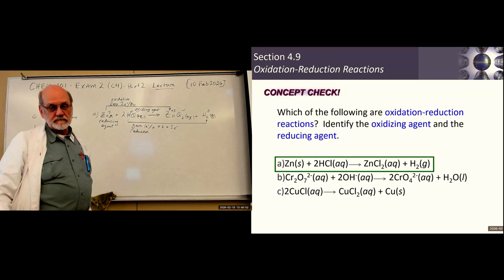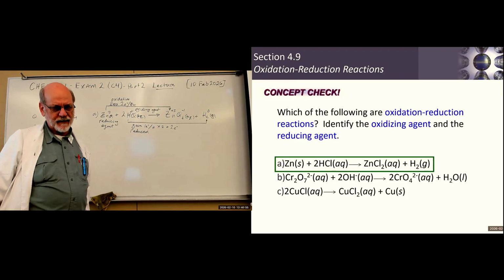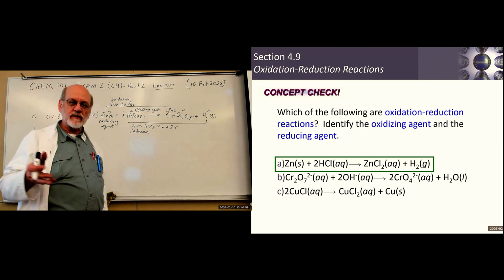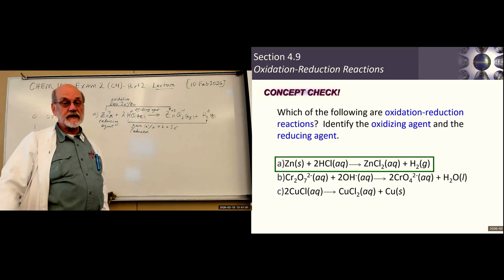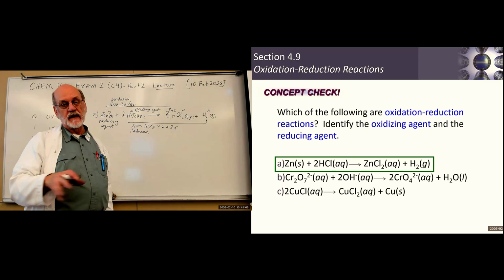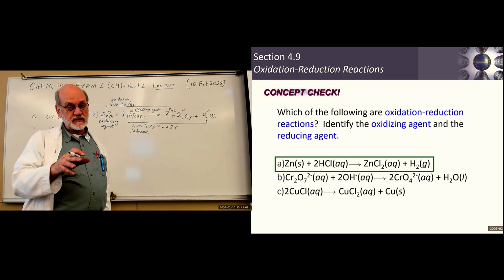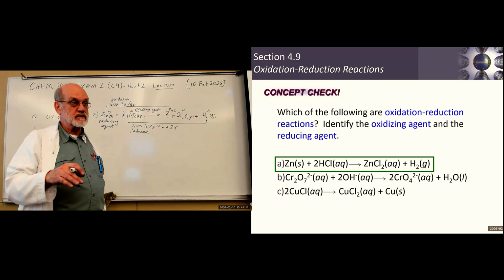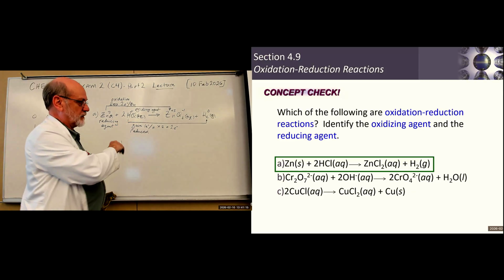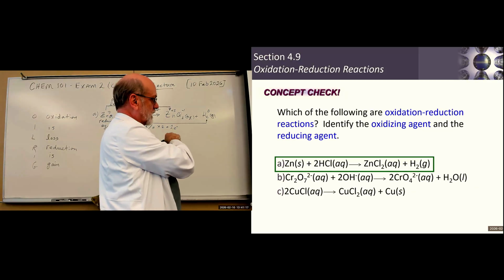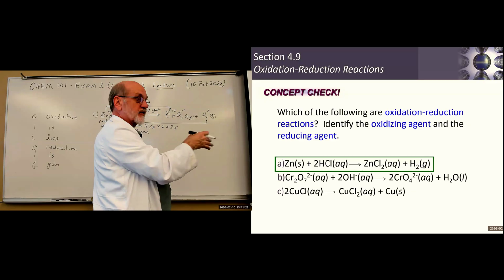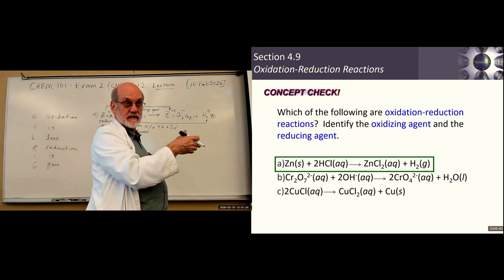The next one, if I drew it out, we can show that chromium is plus 6 on both sides. We already did Cr2O7. That chromium is plus 6. The oxygens are all minus 2. Just look at them. Minus 2 for dichromate, minus 2 for hydroxide, because minus 2 and plus 1 for hydrogen is minus 1.